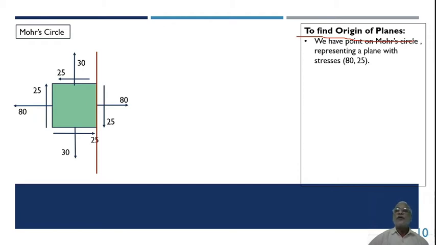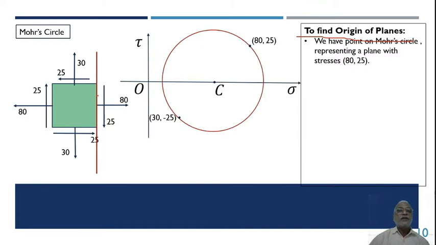Now we have a point on the Mohr circle representing a plane with stress 80, 25, obviously, right? I have drawn the Mohr circle. The point 80, 25 is already there, need not be worried about. The point is already drawn, and the circle is also drawn for the given biaxial stress system.